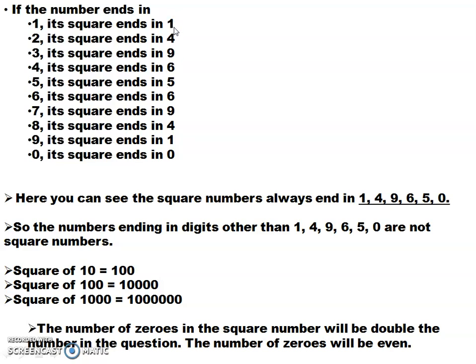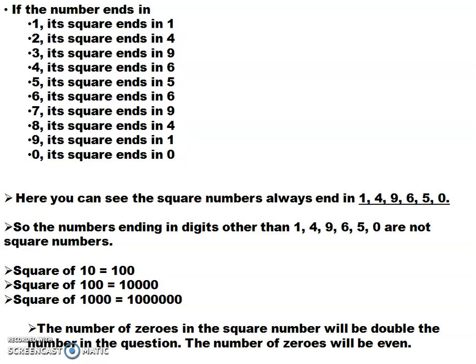Now, let us see these numbers. Read the numbers. 1, 4, 9, 6, 5, 6, 9, 4, 1, 0. Where are the other natural numbers? What happened to them? So, only these digits will come in the units place of the square numbers.